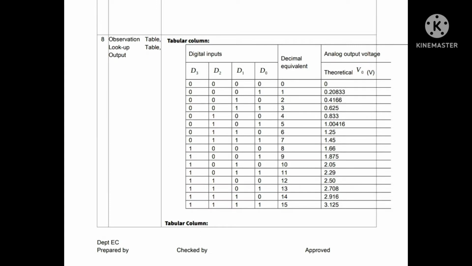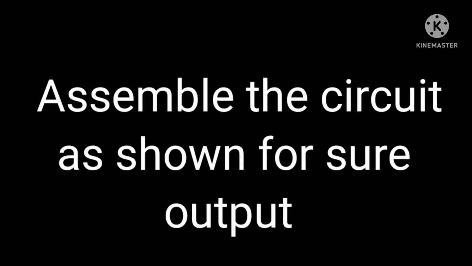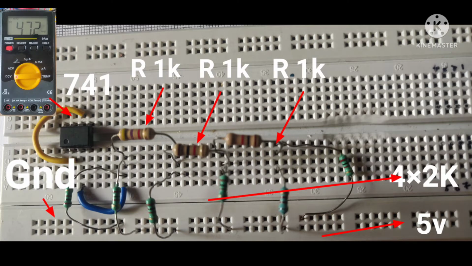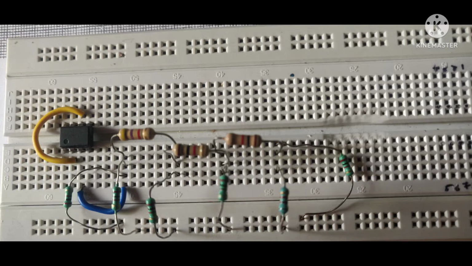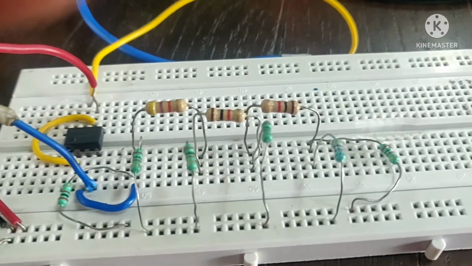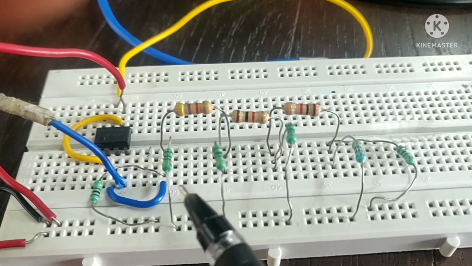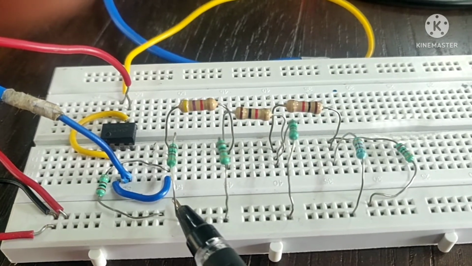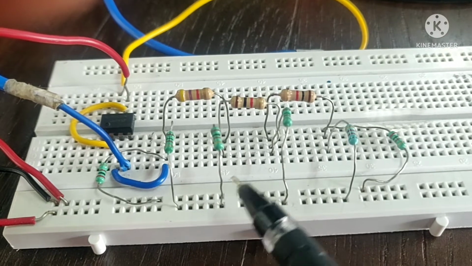Let us see practically how to implement this. Assemble the circuit according to this video and follow it. The green resistors I have shown are all 2K resistors.